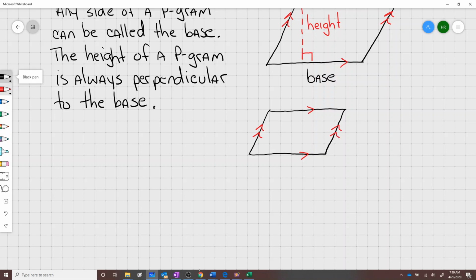Now if we decide to call the left and right sides the base, then the distance between the bases along the segment that is perpendicular to the base is the height. So that would look something like this right here. That perpendicular segment to the base would be the height.